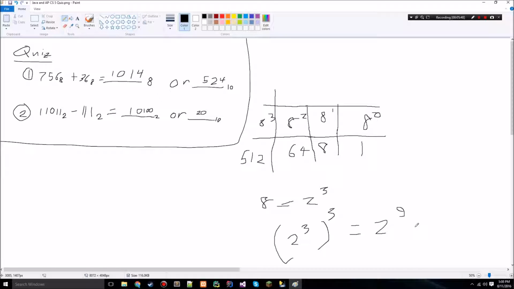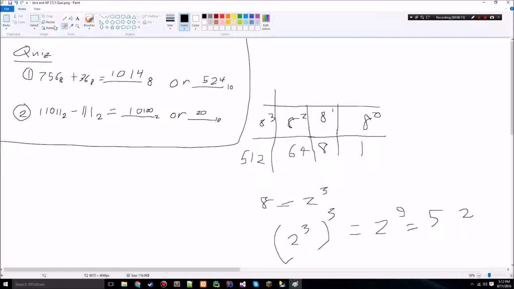And now you can just keep doubling if you know a certain power of 2. So let's say we know 2 to the 5th is 32, multiplied by 2, 64. That gives us 2 to the 6th. Then we multiply by 2 again, that gives us 2 to the 7th, which is 128. Multiply by 2 again. That gives us 2 to the 8th, which is 256. And then you multiply by 2 again. That gives you 2 to the 9th, which is 512. Alright, so that's just a bit of a shortcut.